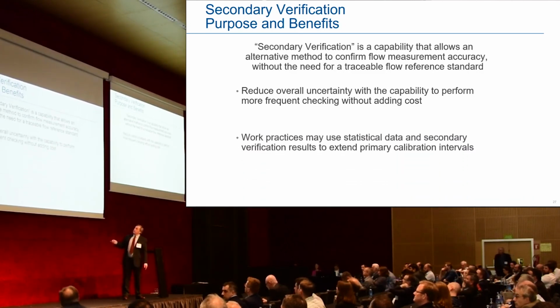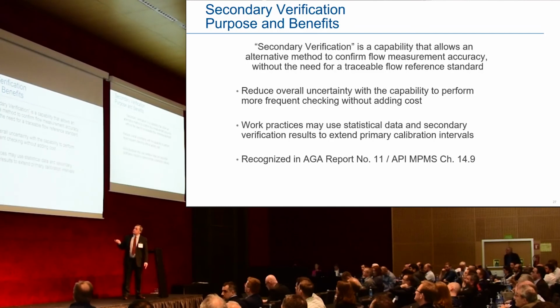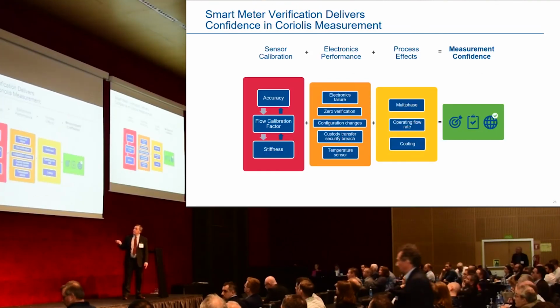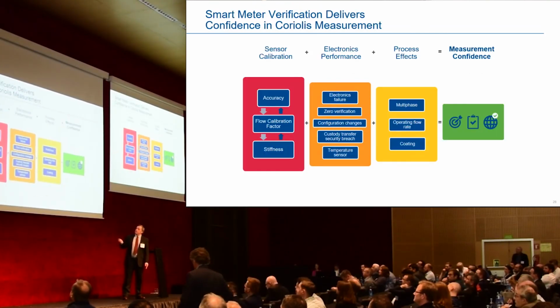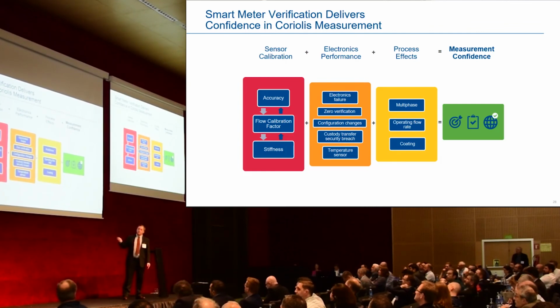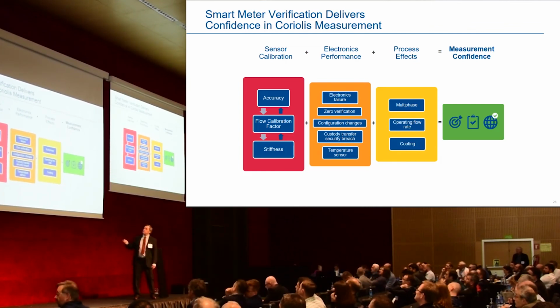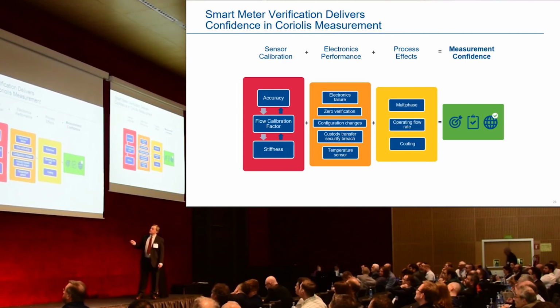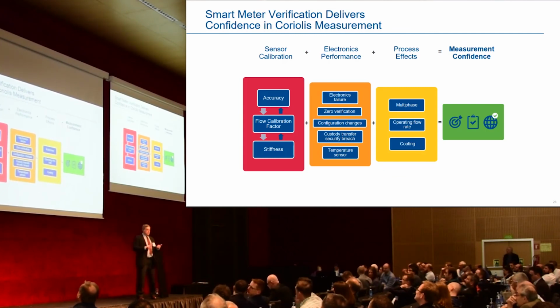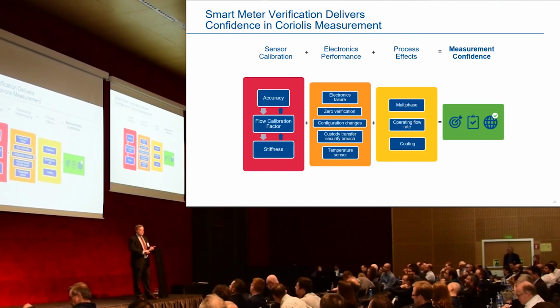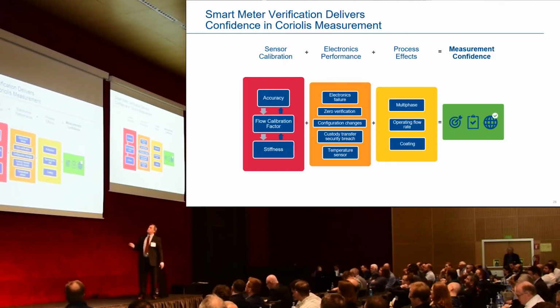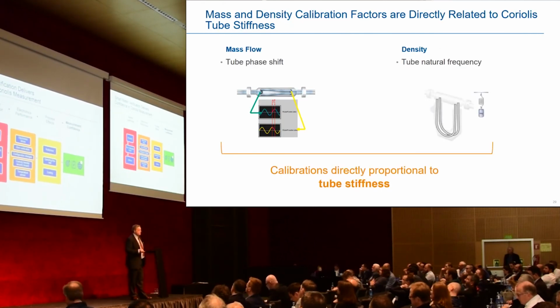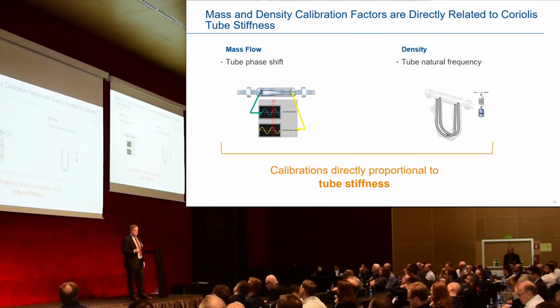And this can be done by studying the vibration characteristics of the meter. It tells you about the health of the sensor, and it also performs a check on the electronics, checking the various electrical circuitry, and it also can tell you if there are conditions like two-phase flow or changing temperature in your process that would indicate that you have some process conditions which may not lend itself to the best accuracy.